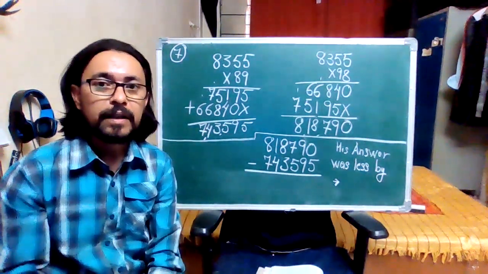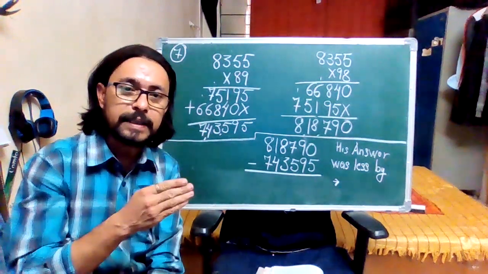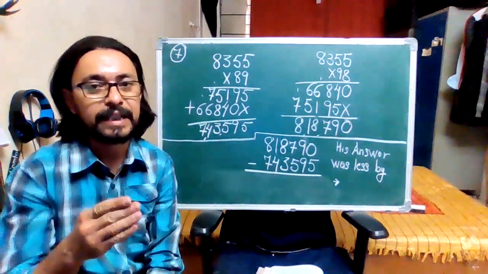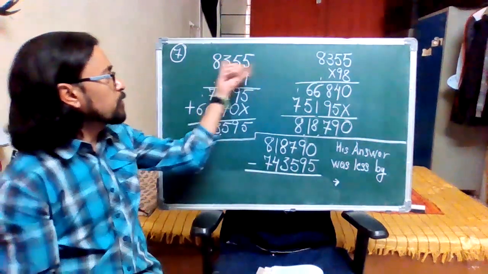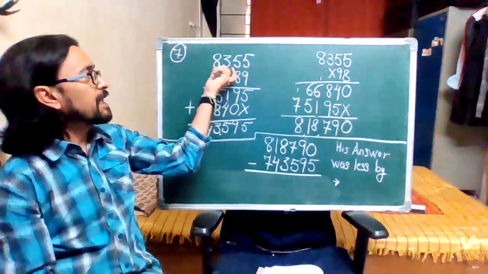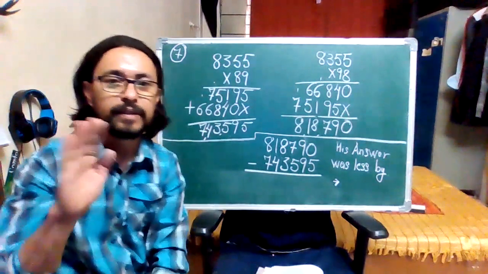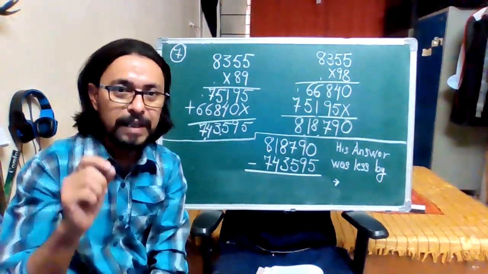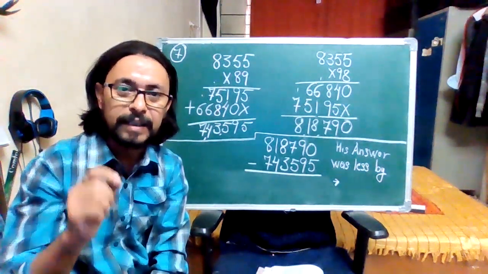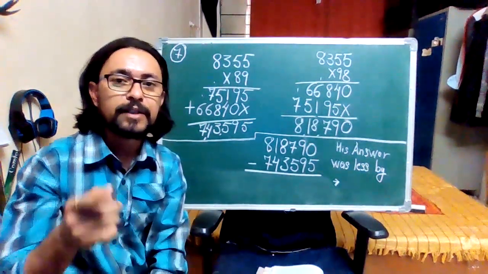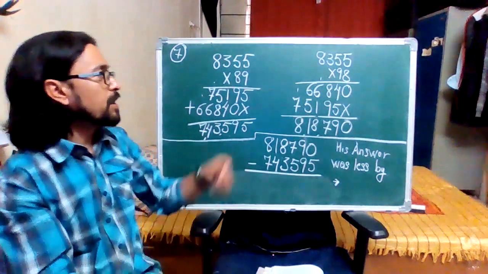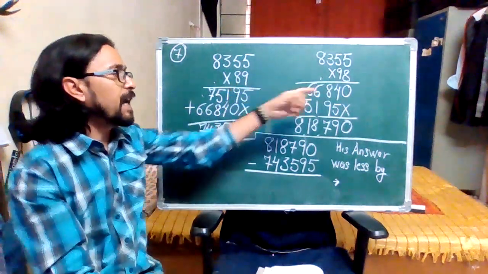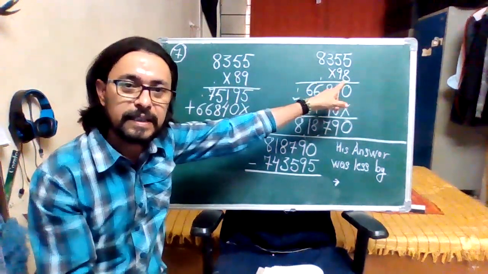So he had to multiply by 98, but multiplied it by 89. The numbers are going to remain the same. He is multiplying 8,355. That has not changed. The number that he is multiplying remains the same. It's only that he had gone and multiplied it by 89 when actually he was to multiply it by 98.